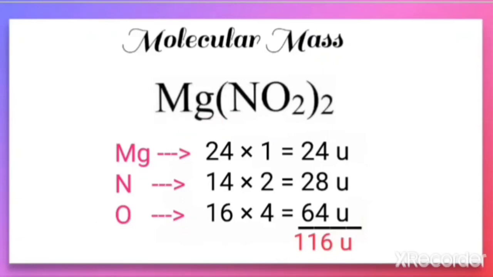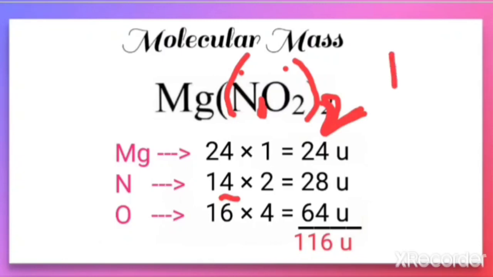Let us talk about the nitrogen here. The atomic mass for nitrogen is 14. But in this there are 2 nitrogen atoms. How? Because the bracket sign and 2 means this 2 is for both nitrogen and oxygen. Since there is 1 nitrogen inside the bracket and a 2 outside the bracket, that is 1 into 2, equal to 2.